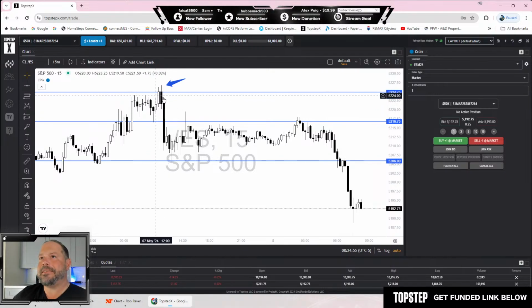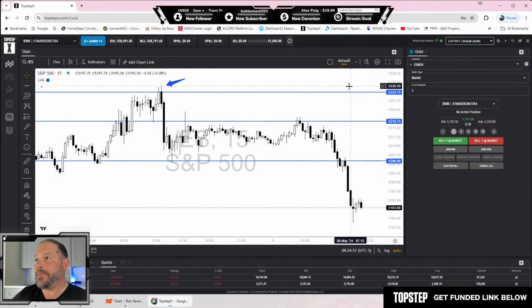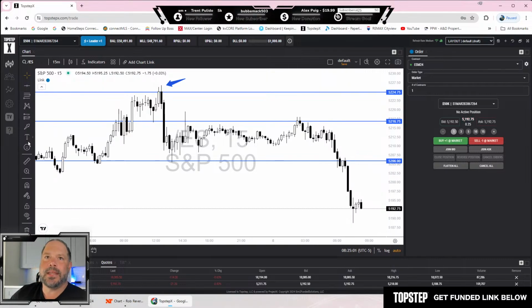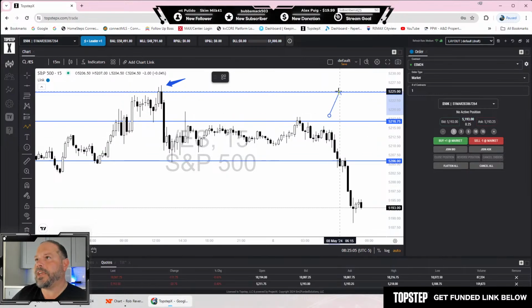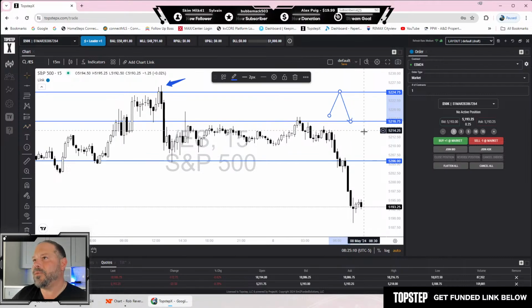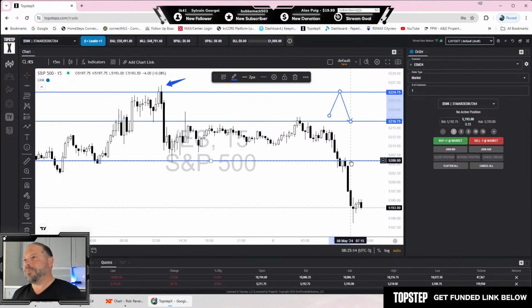And to me, if price action came right back up to here, you've got yourself a great trade that would look something like this, where price action can go to right here, and then my take profit would be this next level.